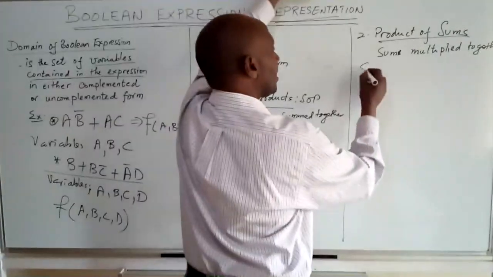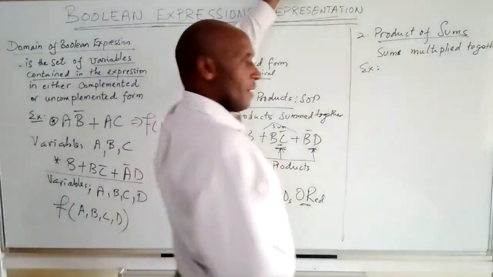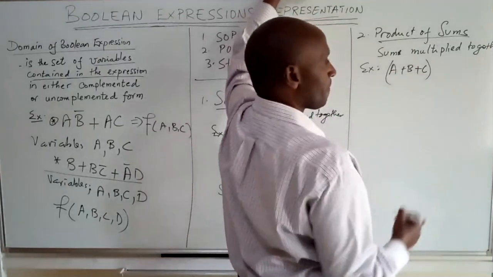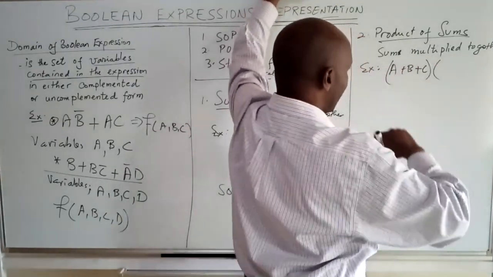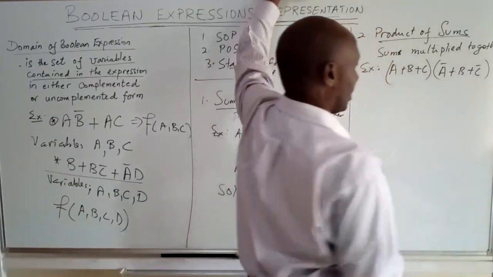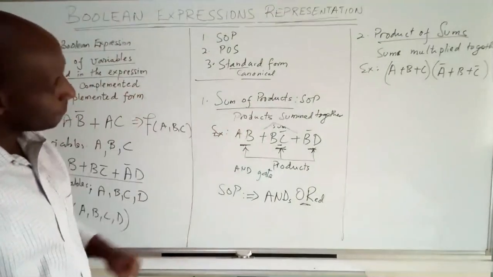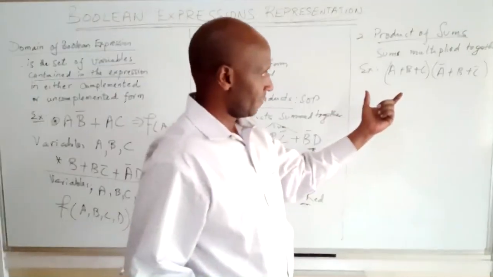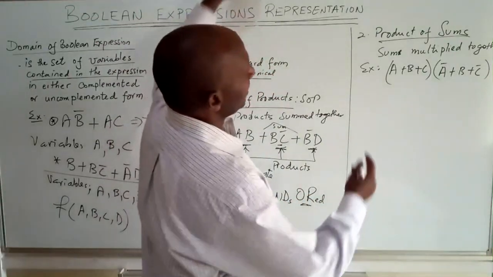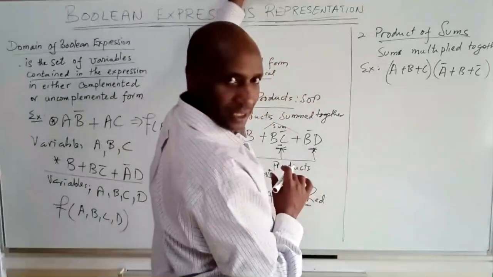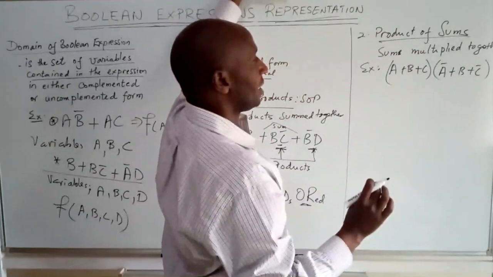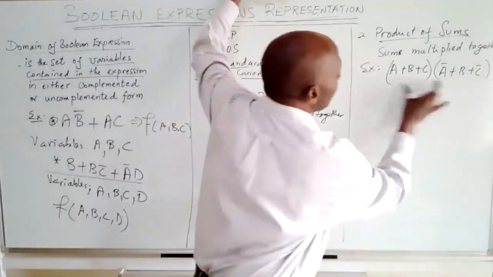Let us understand this by an example. If I take A plus B plus C, for example, multiplied by A bar plus B plus C bar, you can see that this expression has one product, and it has two sums.